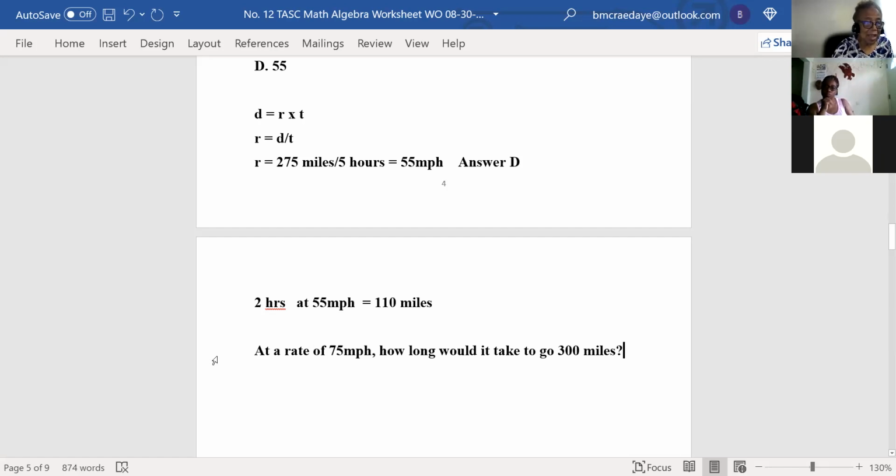You're looking for time, right? How long? So you've got to divide 300 by what? Distance divided by rate. And I gave you nice numbers for mental math, so you didn't really have to use a calculator to figure it out. Time is distance over rate.